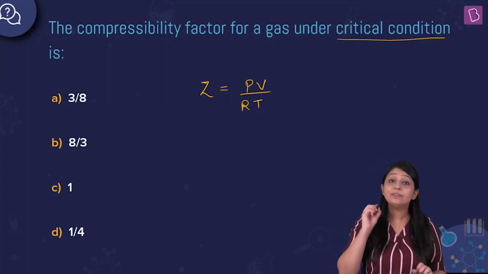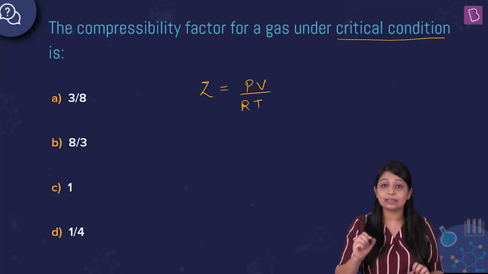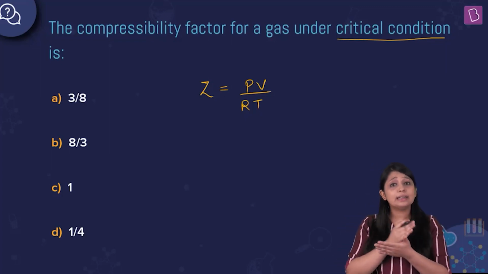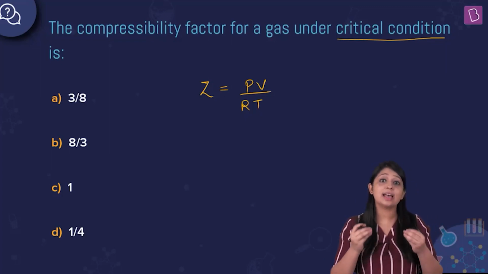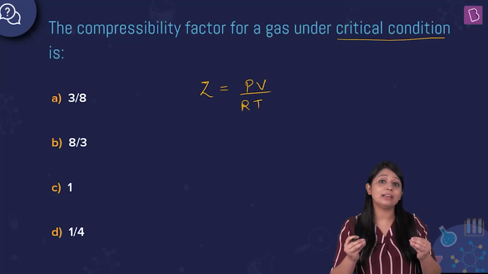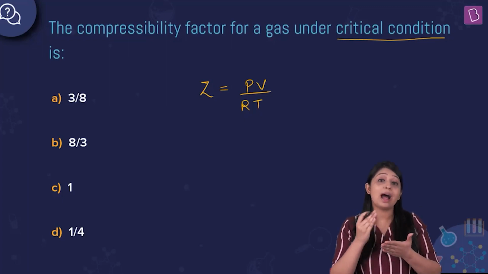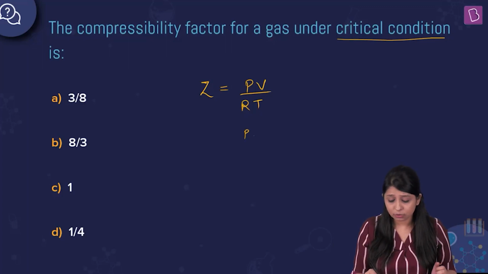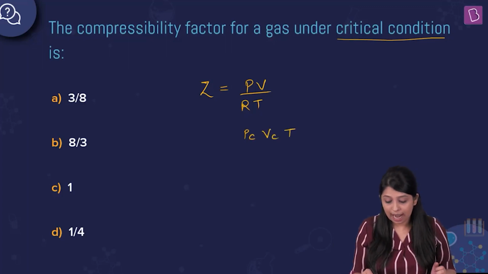Okay, but we have to find the value of Z at critical condition. So what do we know about that? Well, at critical state, each gas has characteristic values of pressure, volume, and temperature, which is denoted by PC, VC, and TC.